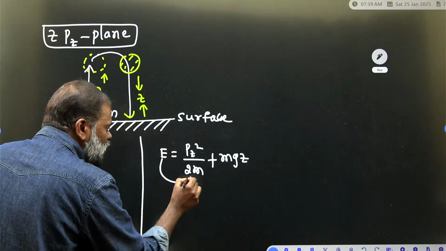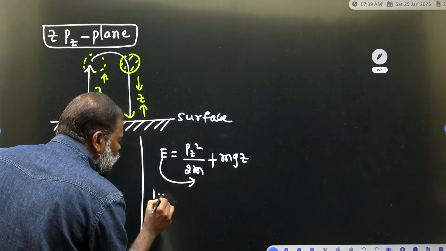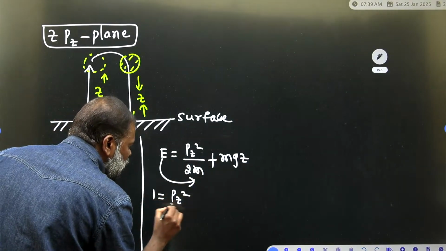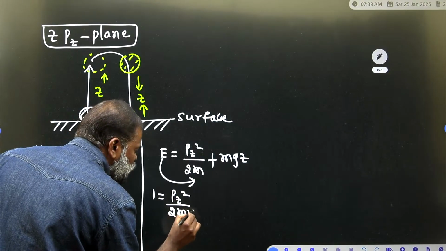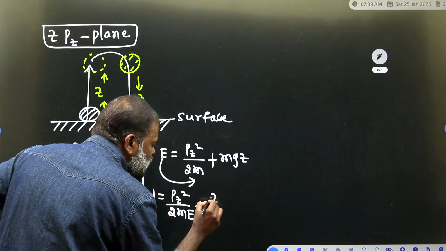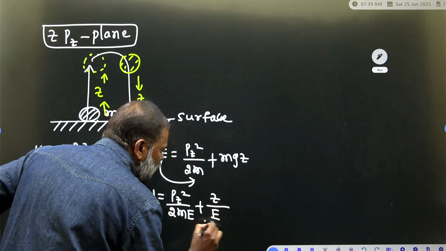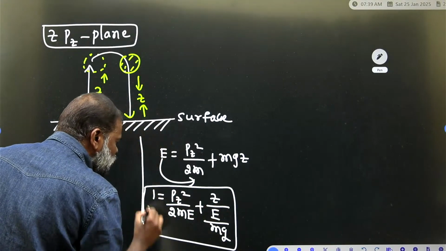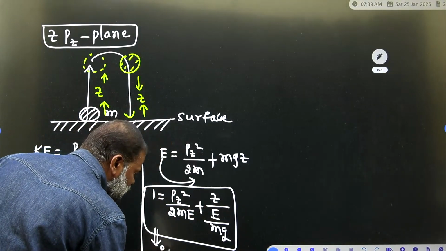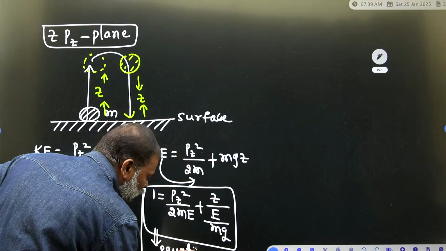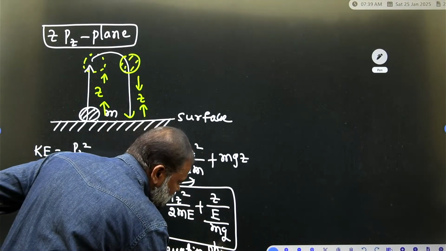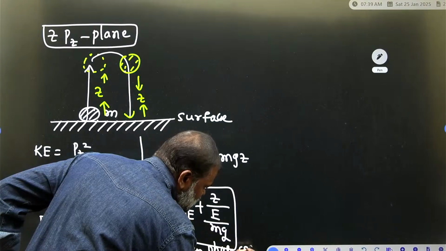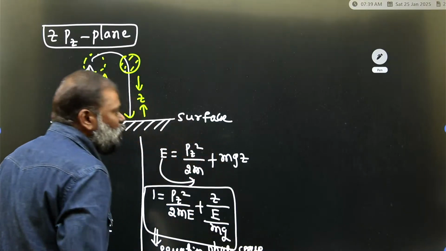Dividing by E and rearranging, 1 = pz squared divided by 2mE plus z divided by (E/mg). This is the equation for the phase space of the bouncing ball.